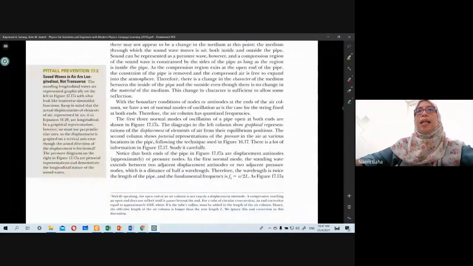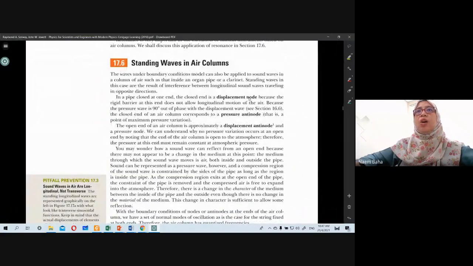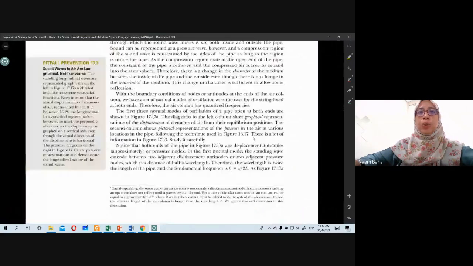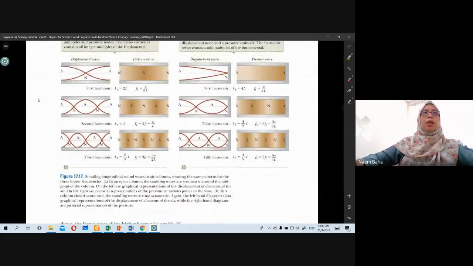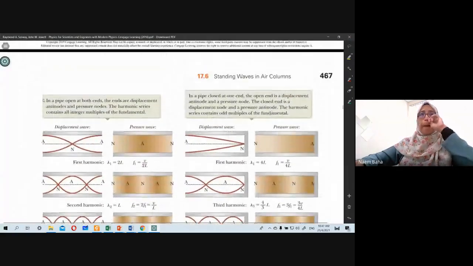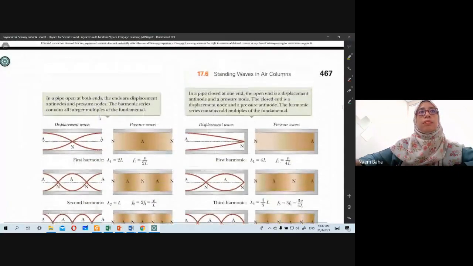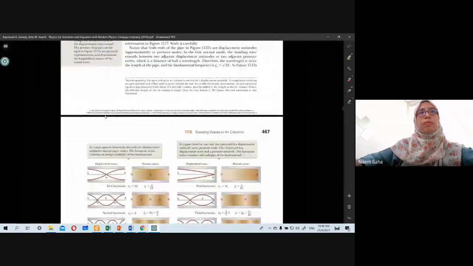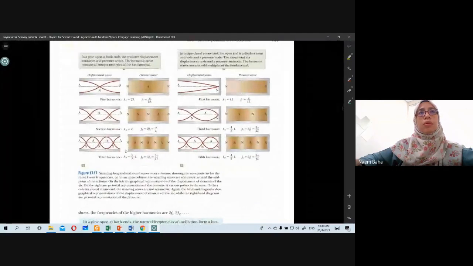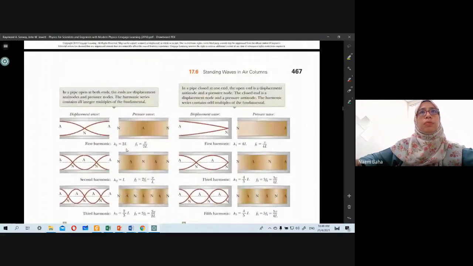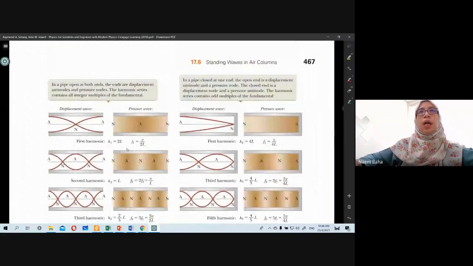All right. Let's first understand the idea of nodes and antinodes. I am now leaving the other page, 467 now. Number 1, we have 2 types.